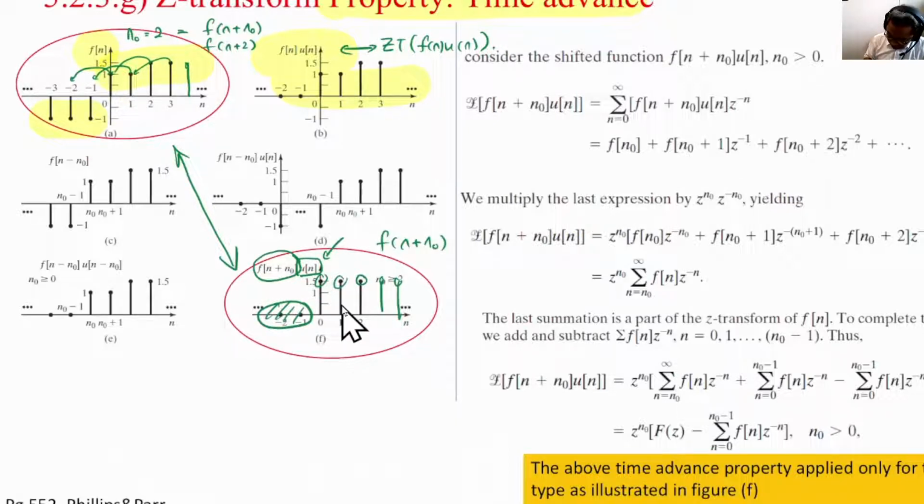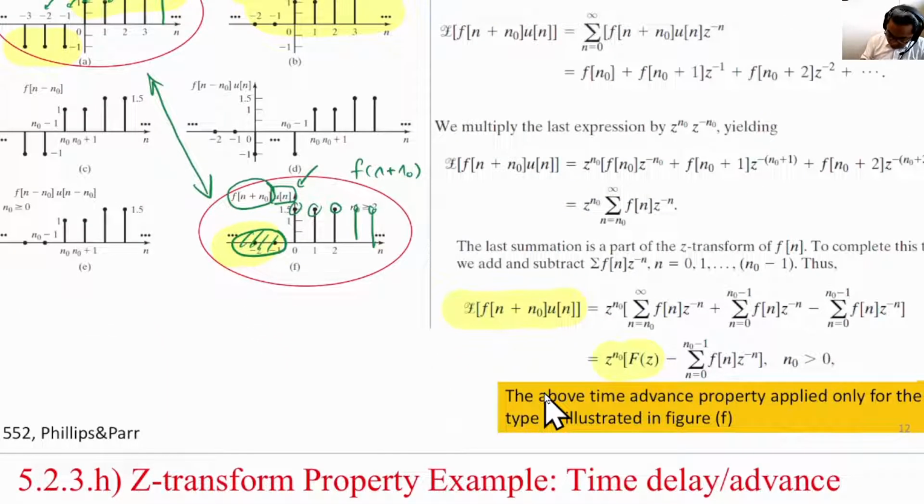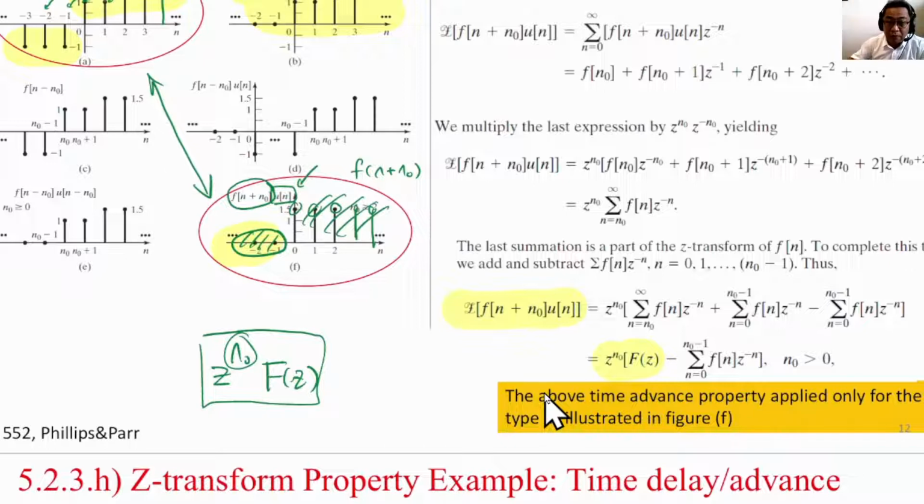The property says the Z transform of f[n+n0]u[n], basically meaning wiping out the anti-causal part, is simply F(z), the original F(z), multiplied by z^n0, where n0 is the time advance. So this will give us the Z transform of this sequence.